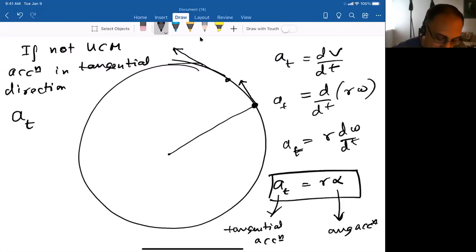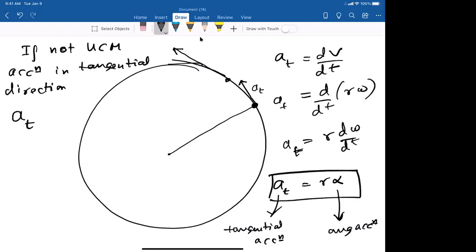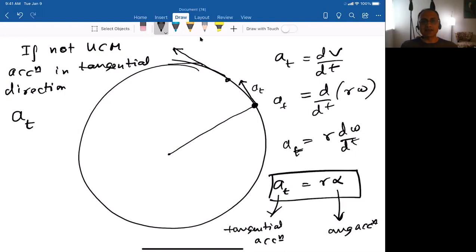Now, since it's not uniform circular motion, there is an acceleration in the tangential direction, a sub t, and that acceleration, as we just discussed, is responsible for changing the speed along the circle. But any object that's moving in a circle already has another component of acceleration, which we talked about much earlier. What is that? Yes, our old friend, the centripetal acceleration. We can't forget that.